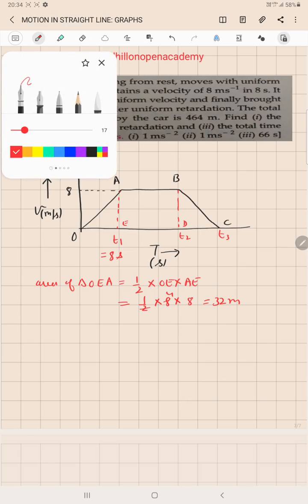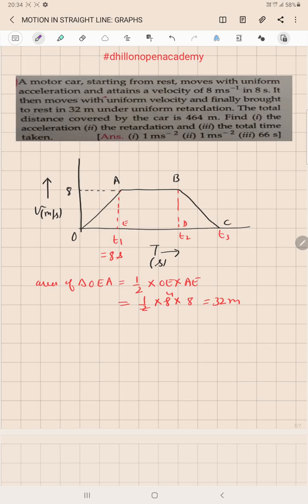That means the body is covering 32 meter in this time. And it is also given to us that from B to C, it is again covering 32 meter.